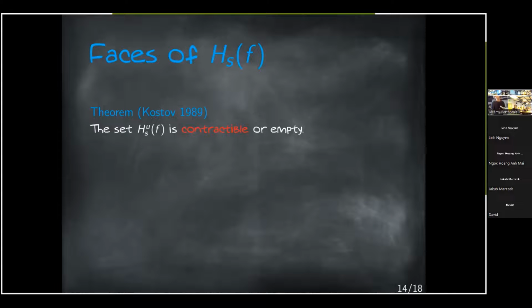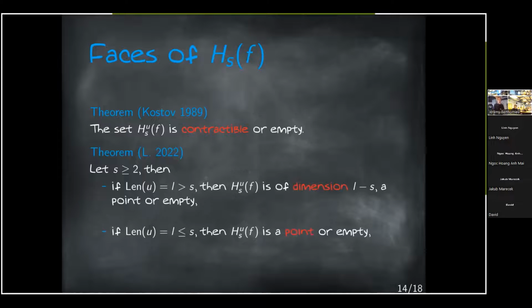We can also generalize some other statements. So if we let L be the length of U, and the length is greater than S, then the corresponding face is either of dimension L minus S, or it's a point, just like in the normal case, but now it might also be empty. If the length is less than or equal to S, then you just have a point.